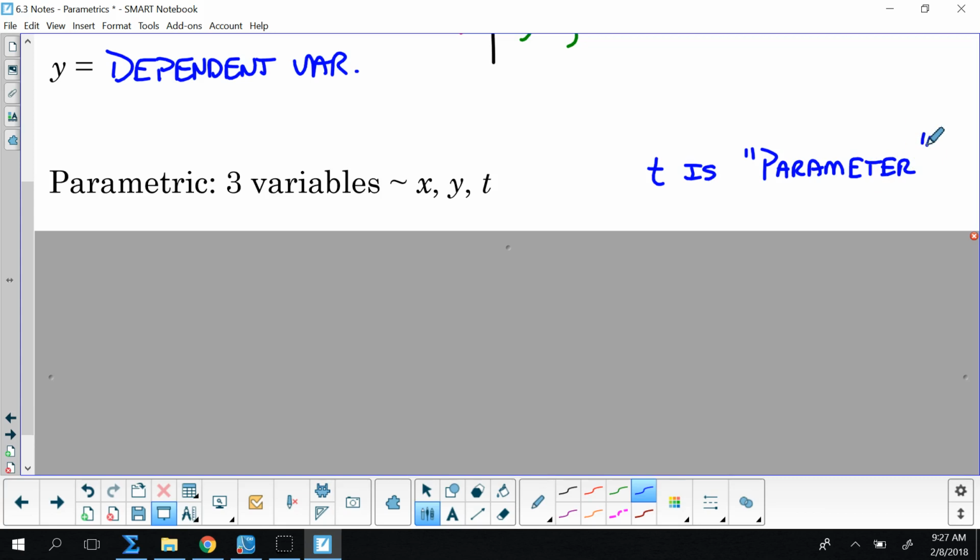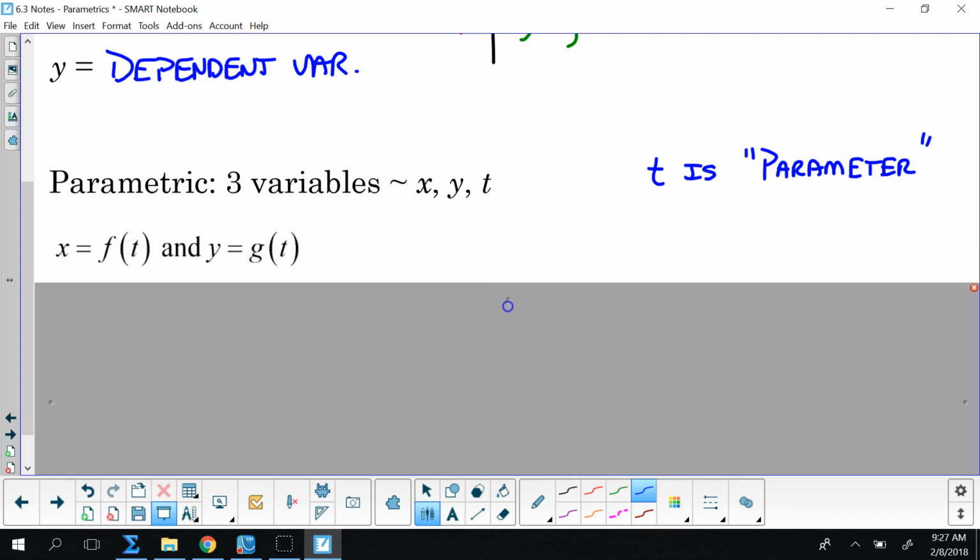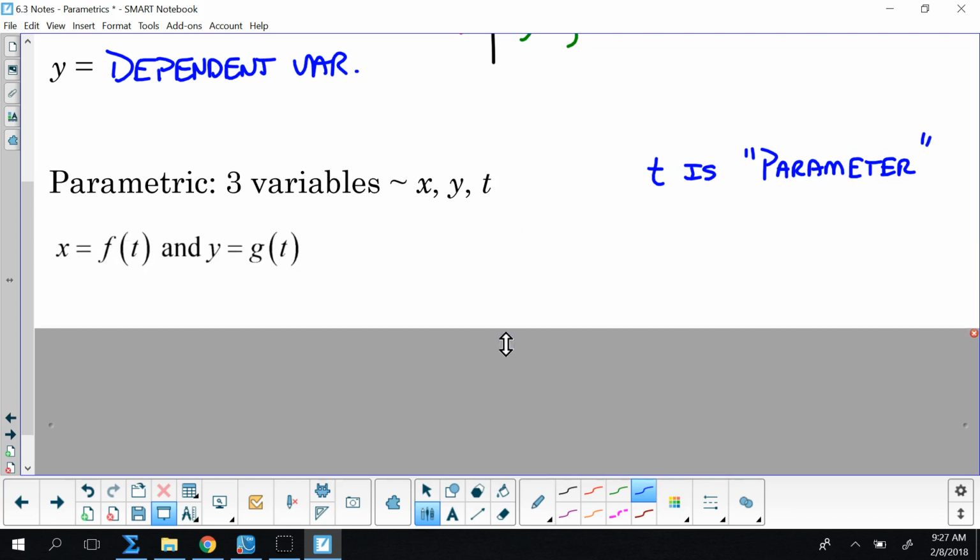x and y then are different functions of the parameter. That's why these are called parametric equations. So x and y each are different functions. Focus up here, not on her cheese and her crackers. So x and y are both functions.